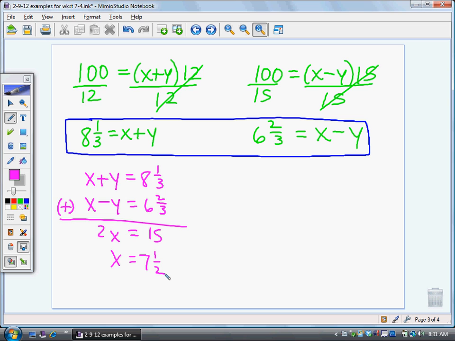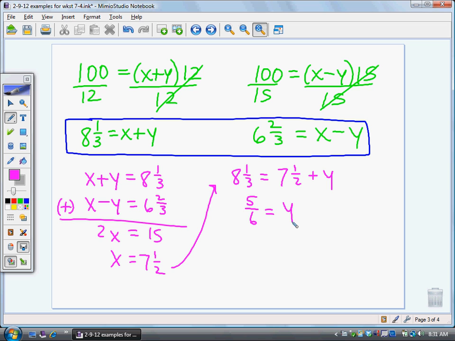And once I know that x is 7 1/2, I can plug back in and find what y is. So you have that 8 1/3 is equal to 7 1/2 plus y. And then you just subtract 8 1/3 minus 7 1/2, and you're going to get 5/6 is equal to y.